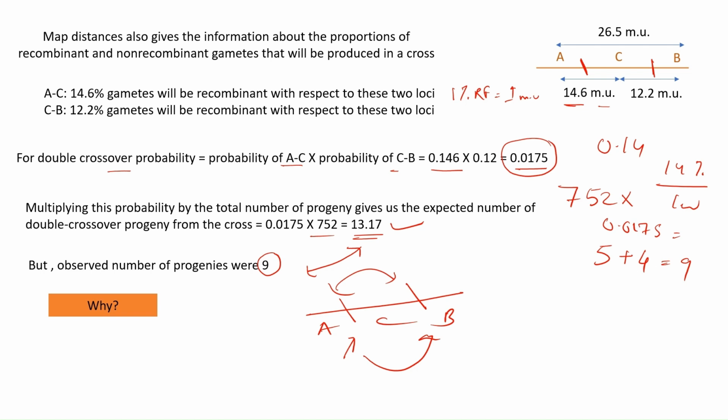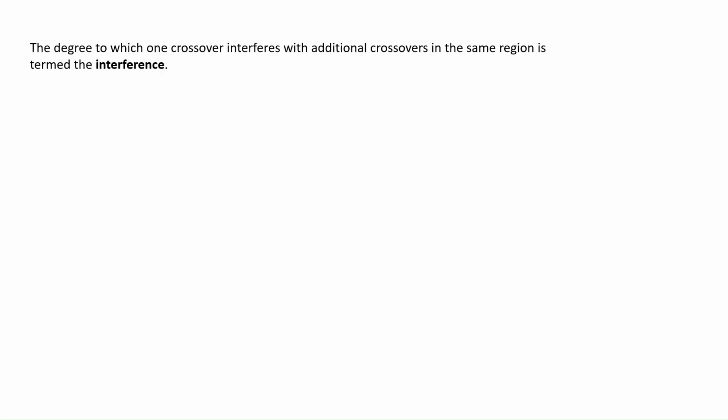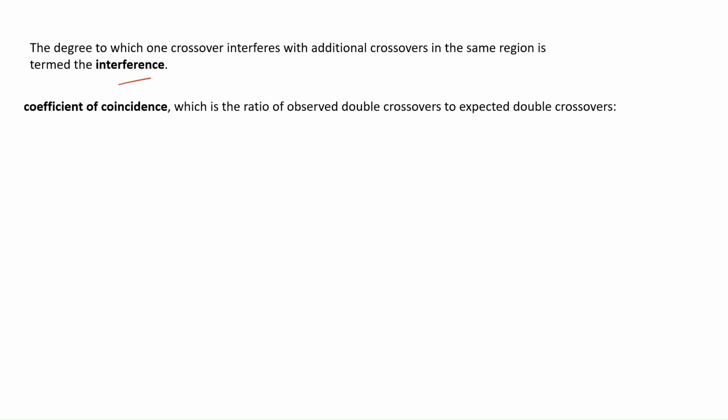The crossing over between one pair of genes can inhibit the crossing over between another pair. Because of this inhibition, we observe a reduced number of progenies. This inhibition is known as interference. The degree to which one crossover interferes with additional crossovers in the same region is termed interference.